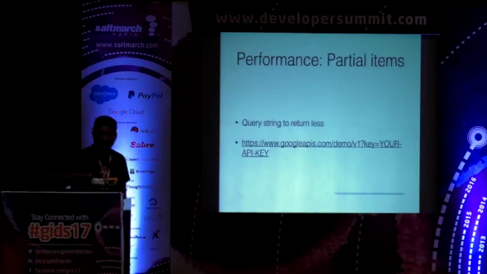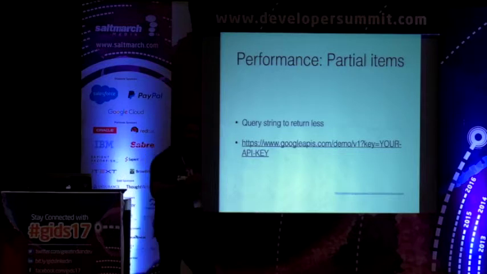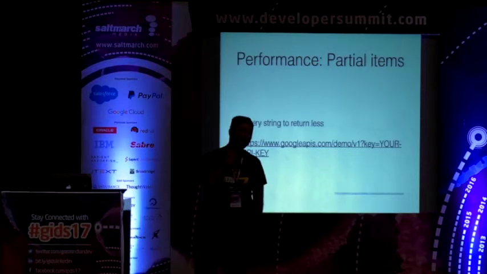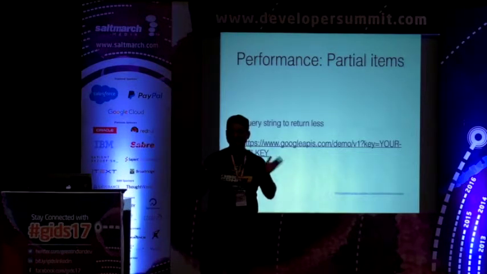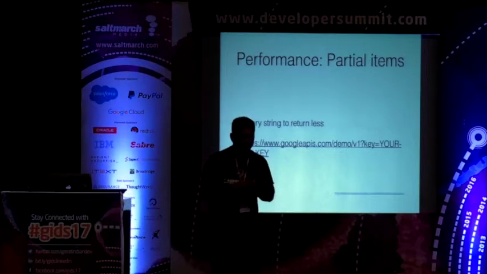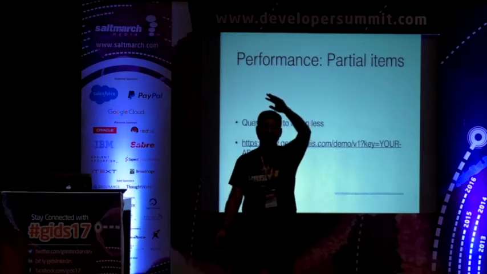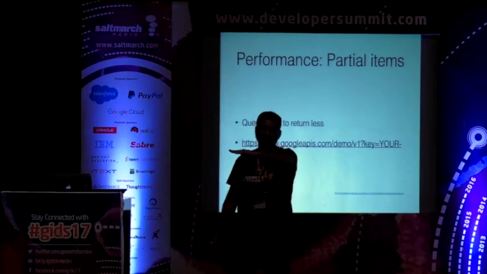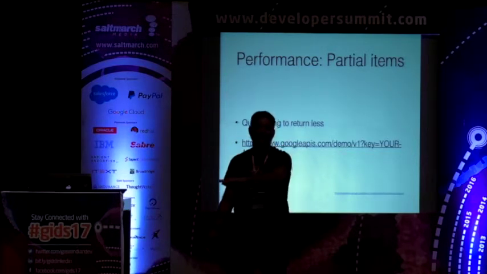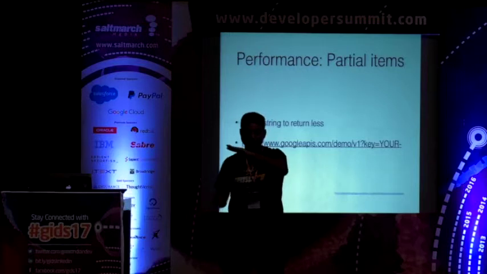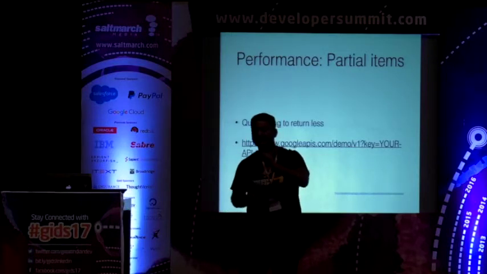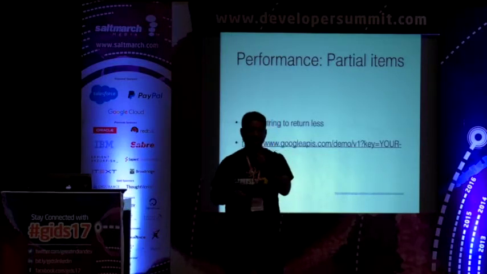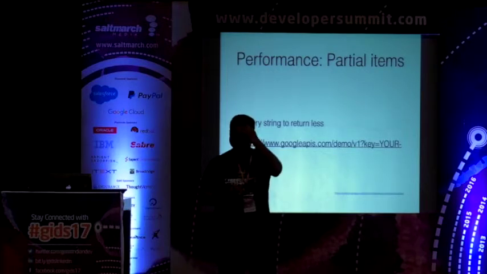Another one is partial items. Partial items are really cool because if you have an order object, an order object can have like 100 attributes. Orders can have suppliers, what are the suppliers associated with it, what's the price associated with this. If you're only interested in the total amount from the order, you say I'm only interested in that object.